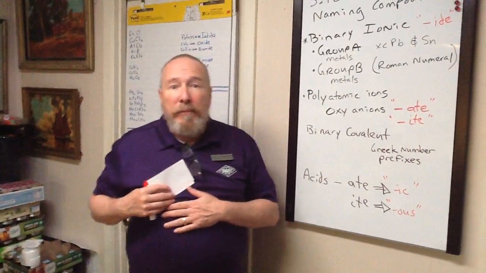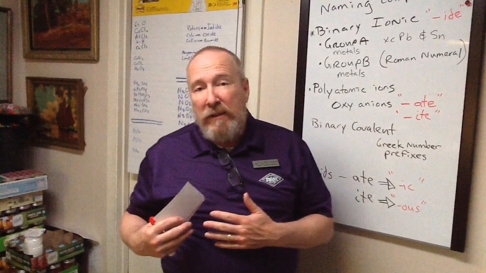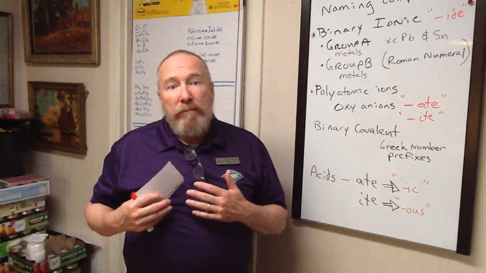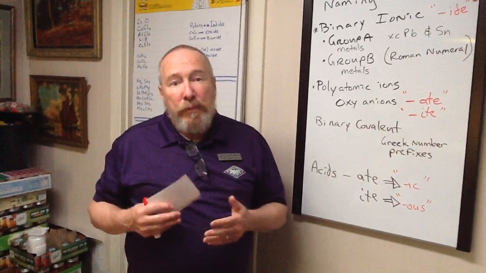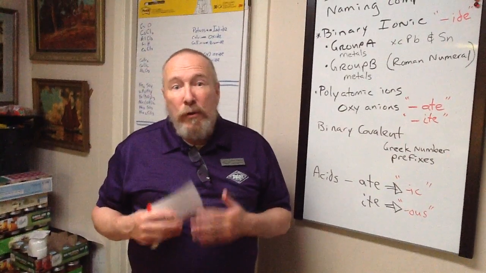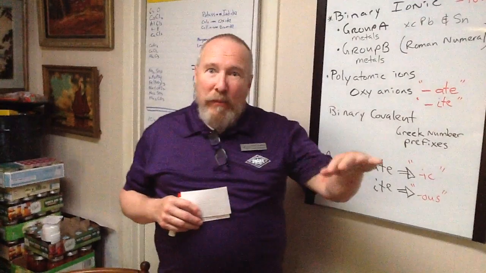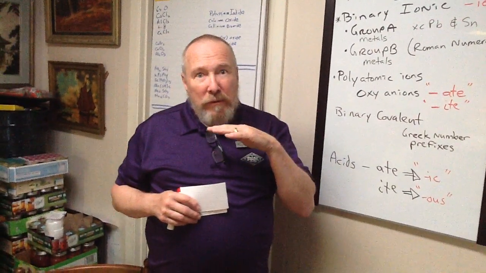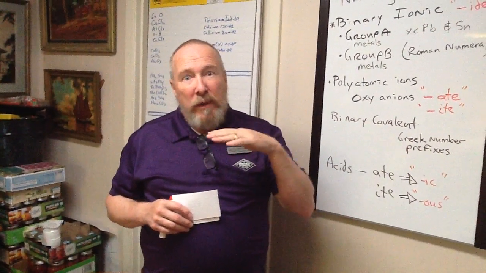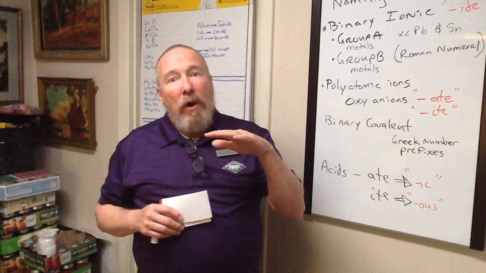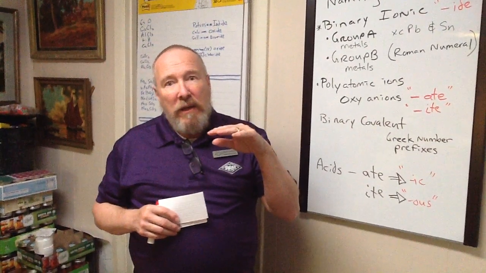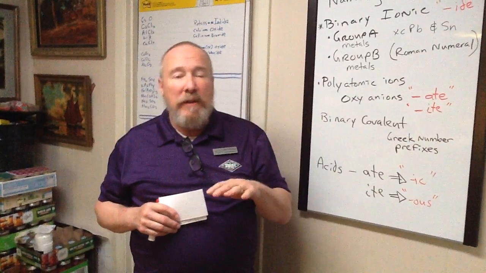For example, with copper, using its Latin name, we would call it cupric +2 and cuprous +1. The ick, you couldn't say what absolutely its valence was, what its charge was. All you knew was that the ick was 1 charge greater than the us.